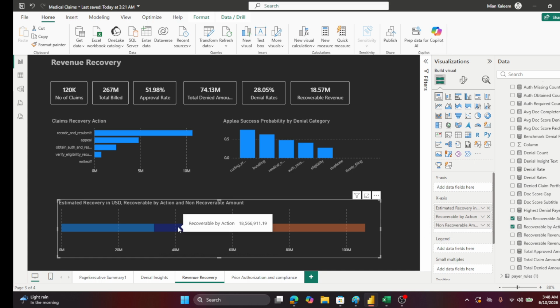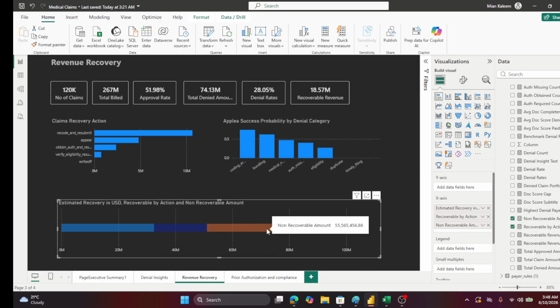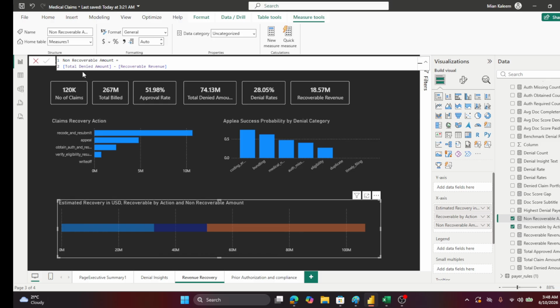Then we have recoverable by action, 18 million in claims which we can recover by action, and then we have non-recoverable, 55 million. Non-recoverable is simply total denied minus recoverable.